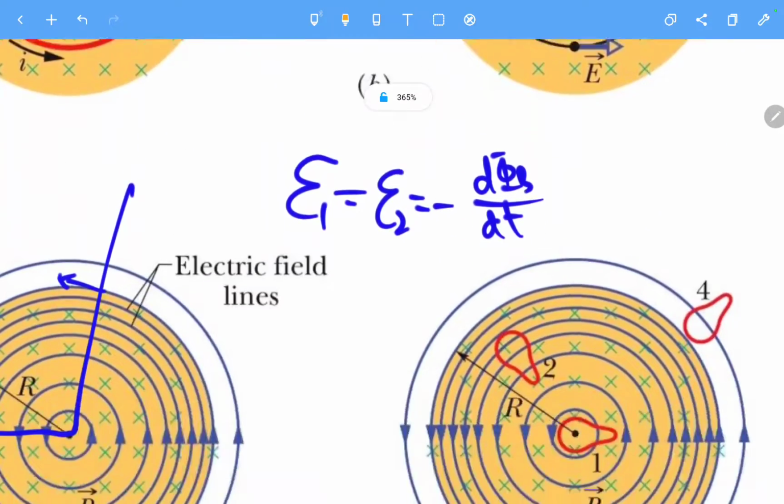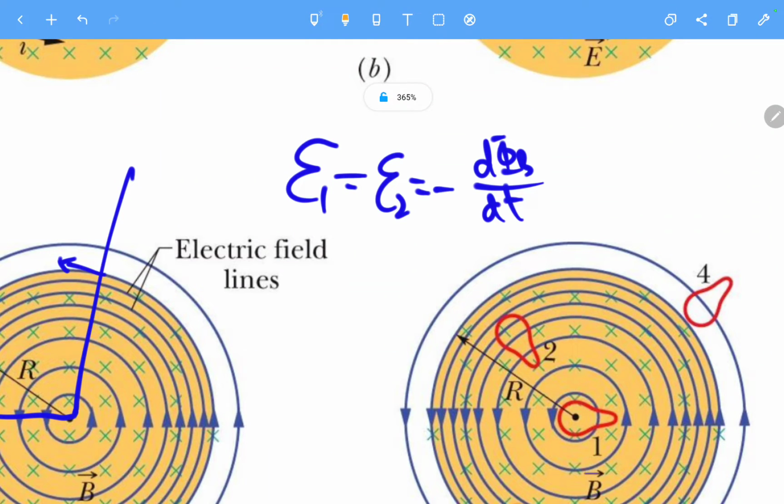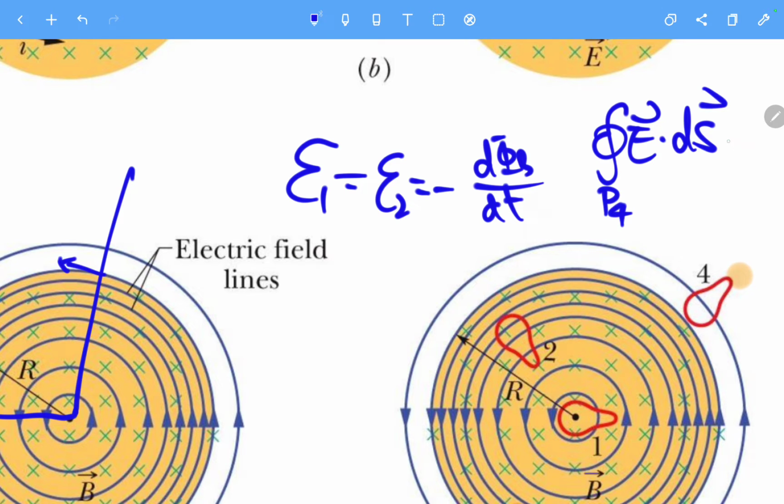It doesn't mean that there is no E field outside. There is still E field outside, but here it only means that the integration of E dot ds for path 4 is 0.